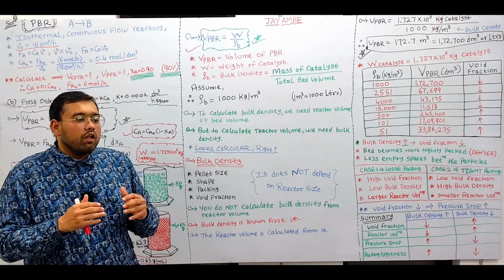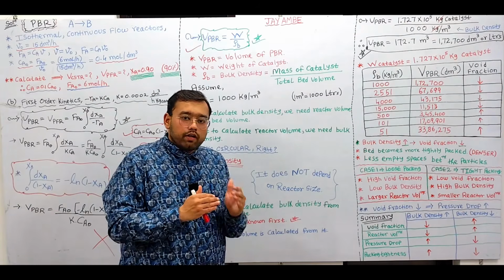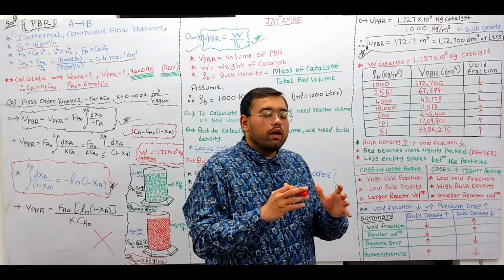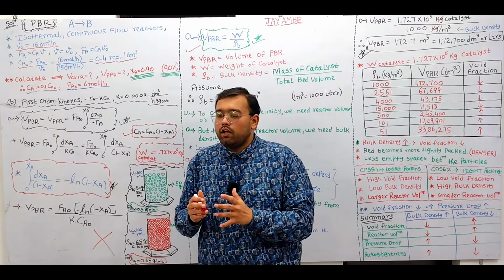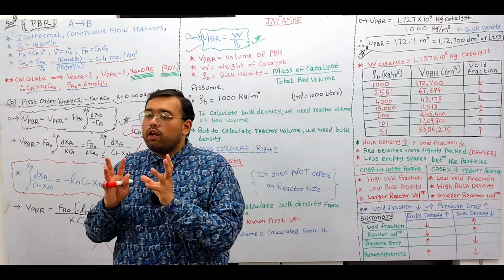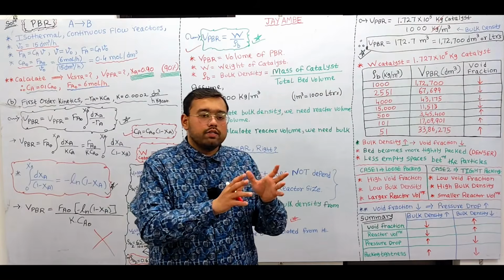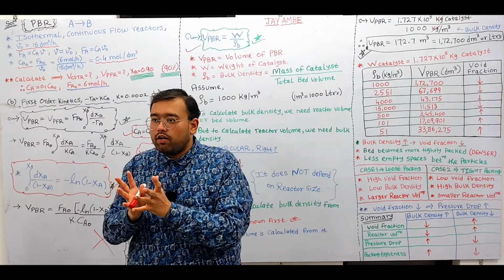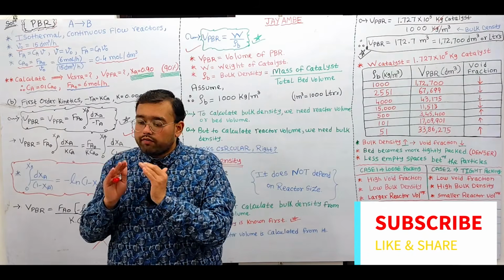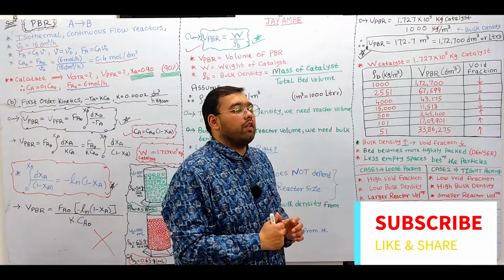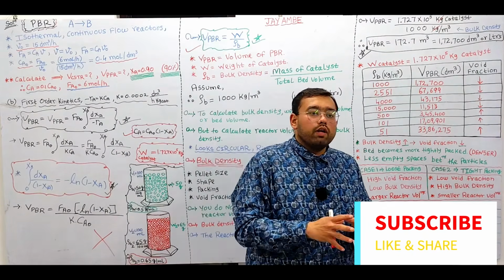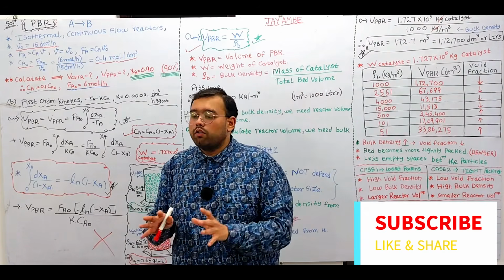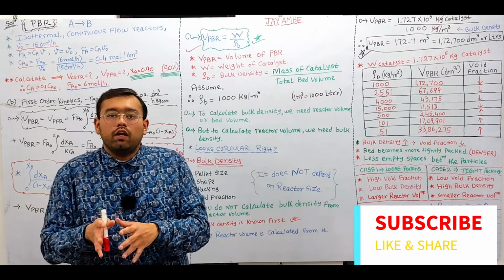Then, how does increasing or decreasing the bulk density affect the void fraction? Will the void fraction increase or decrease? We'll understand that. And what will be the effect of the bulk density on the packing tightness?